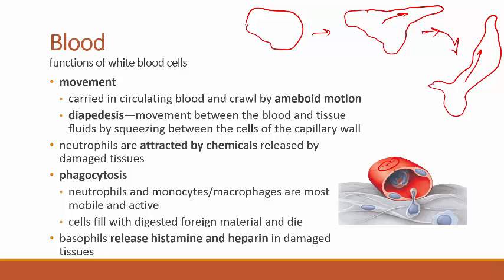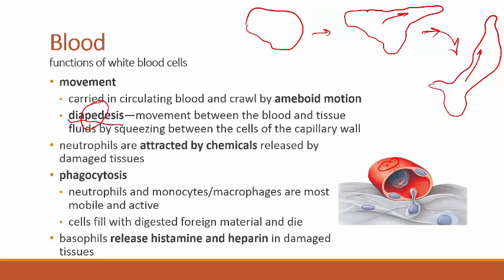Well, white blood cells are capable of squeezing through those little gaps and getting into the tissues or tissue fluids, and that is called diapedesis. One way that I remember it is that ped means foot, so they're going to go on walkabout, if you will. They go and travel amongst the fluids of the peripheral tissues.